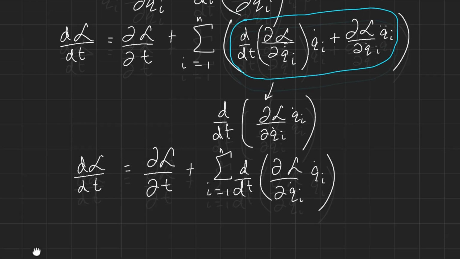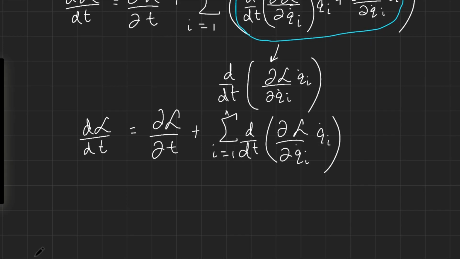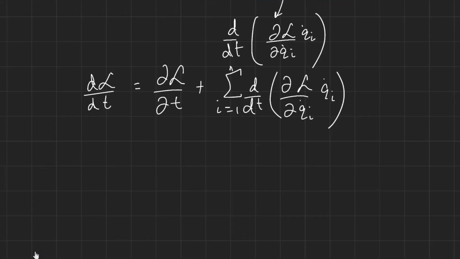What we're going to do now is move this to the other side, and we know that differentiation is commutative, so we actually would get a pretty nice identity here.